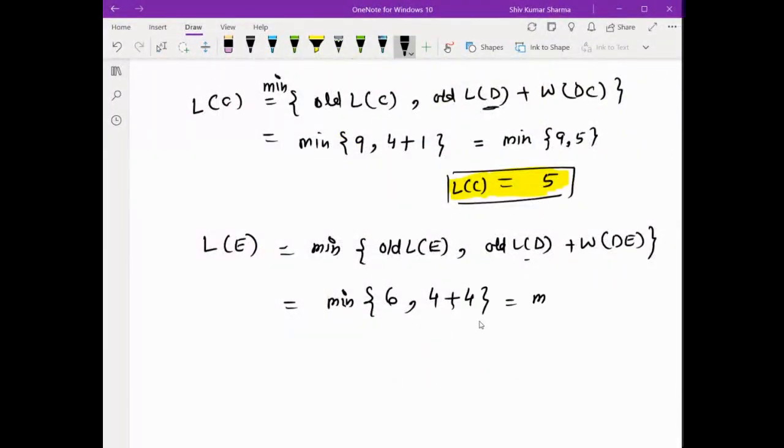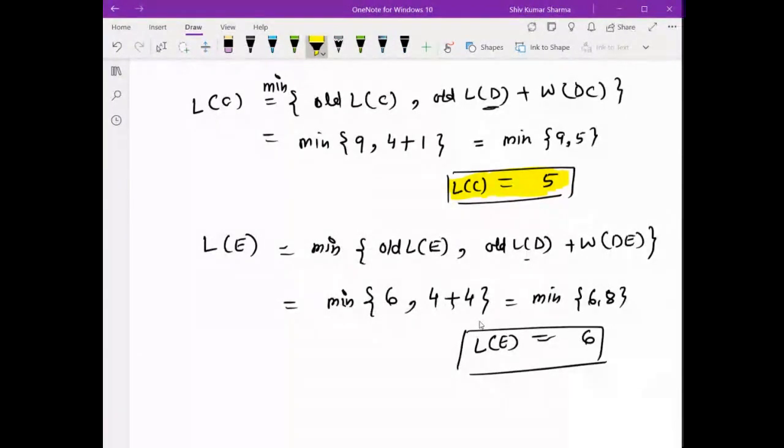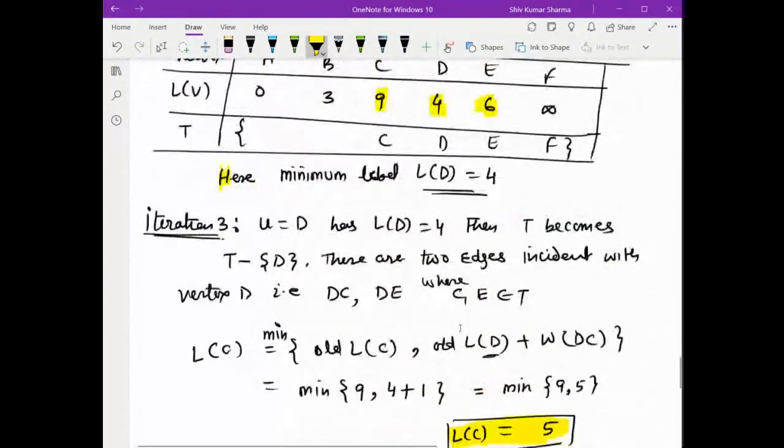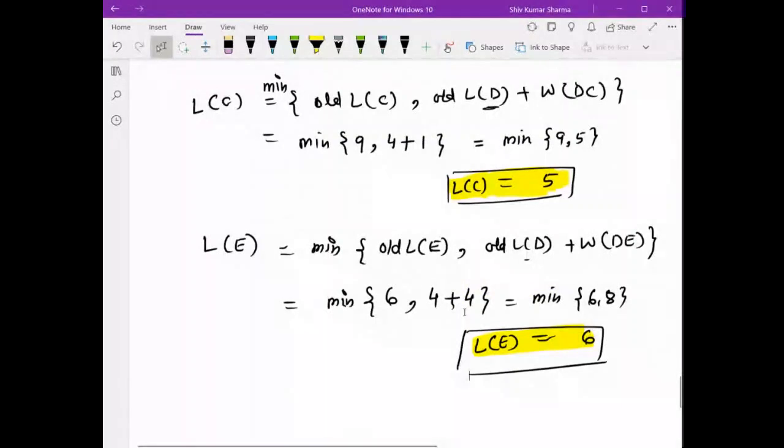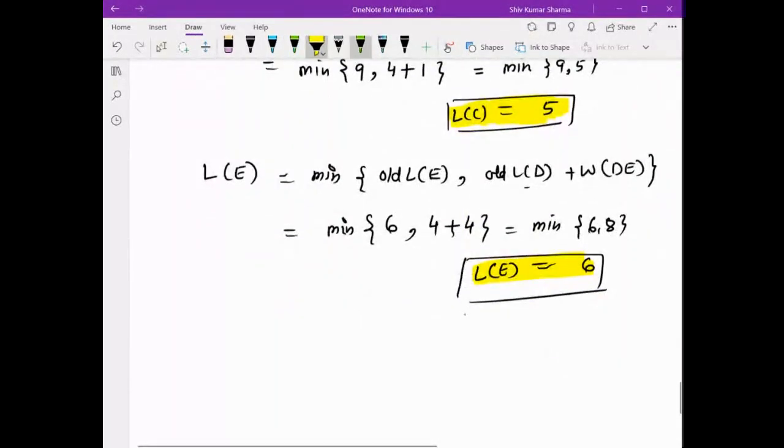So this equals the minimum of 6 comma 8. So this equals 6. So the new level of E is 6. We see that the previous level was also 6 and this level is also 6, so no issue. Now we construct the new table.